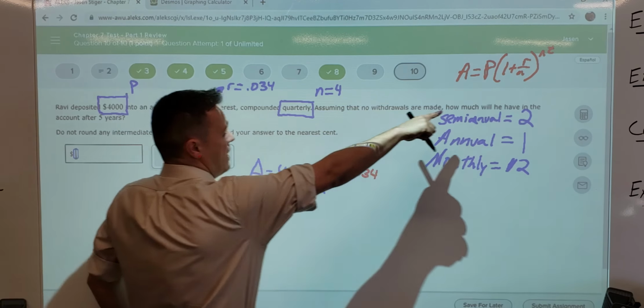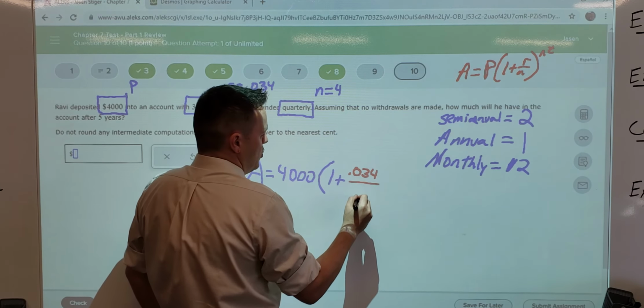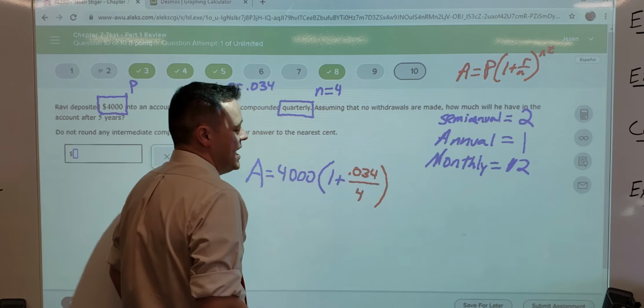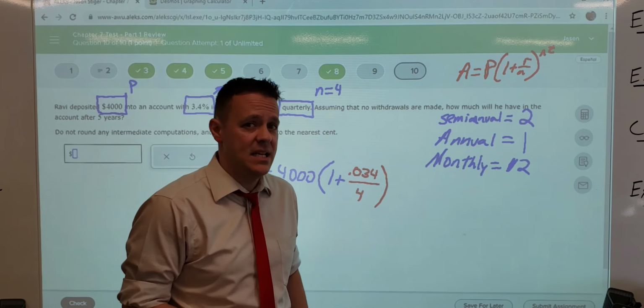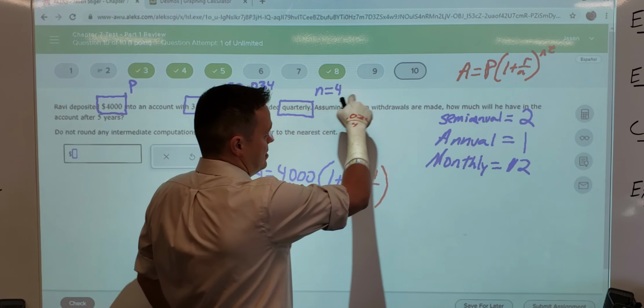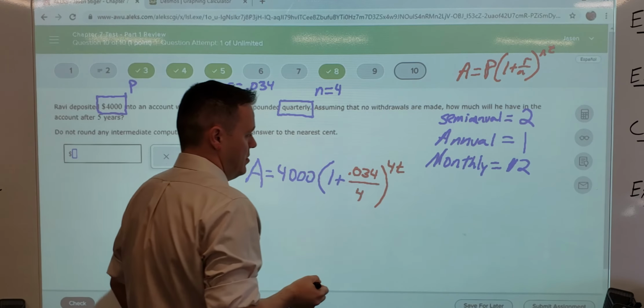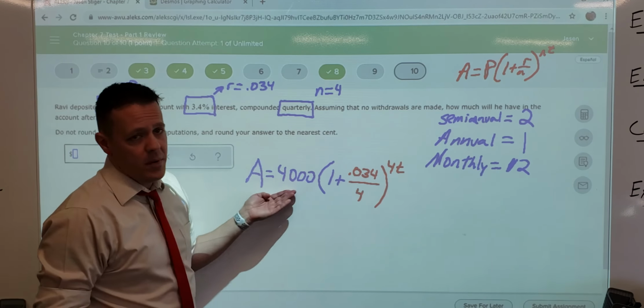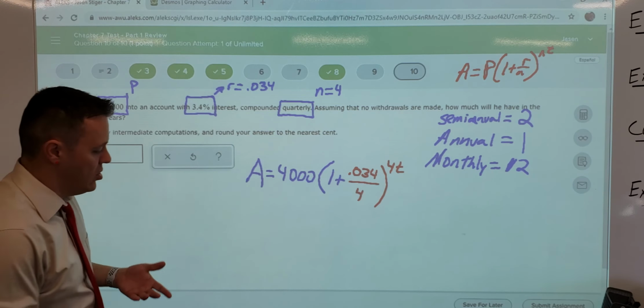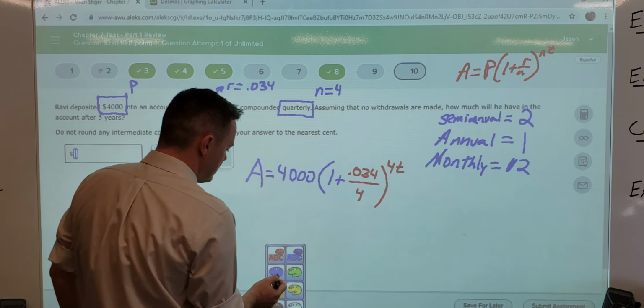And then it's over my N value, which is 4. And then it's times, and this is where I've seen multiple mistakes today, N again to the letter T, time. There is your formula.